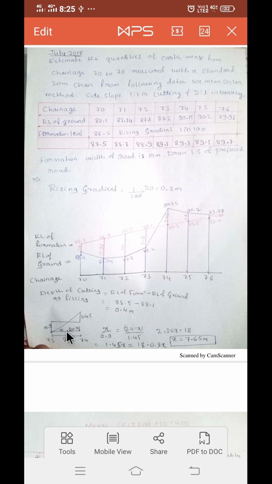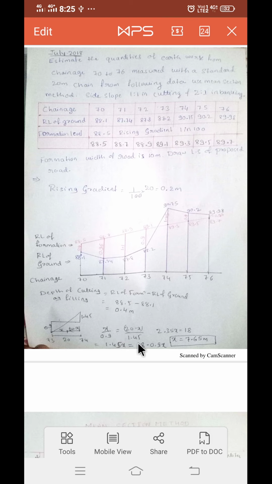At x distance, the chainage where the depth changes from banking to cutting, that distance I have taken as x, and the distance between the 73 chainage and 74 chainage is 20 meter. So the remaining portion is 20 minus x. So we'll write the ratio: x by 0.9 equals 20 minus x by 1.45.